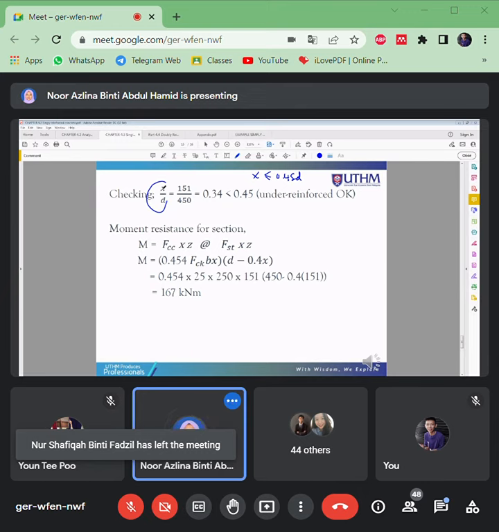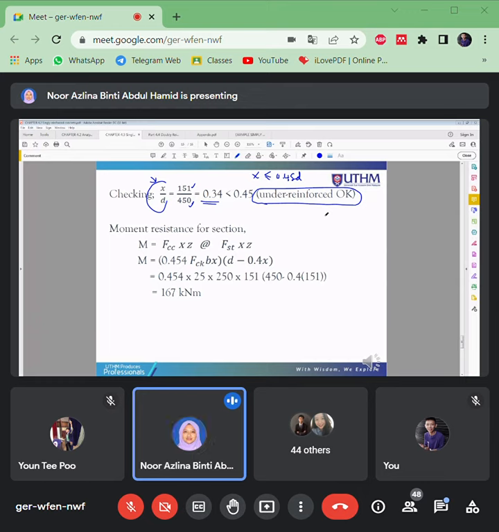Insert the value of X and the effective depth here, and it gives about 0.34, which is less than 0.45. That means you can proceed with the sizing, with this neutral axis depth, as an under reinforced section.